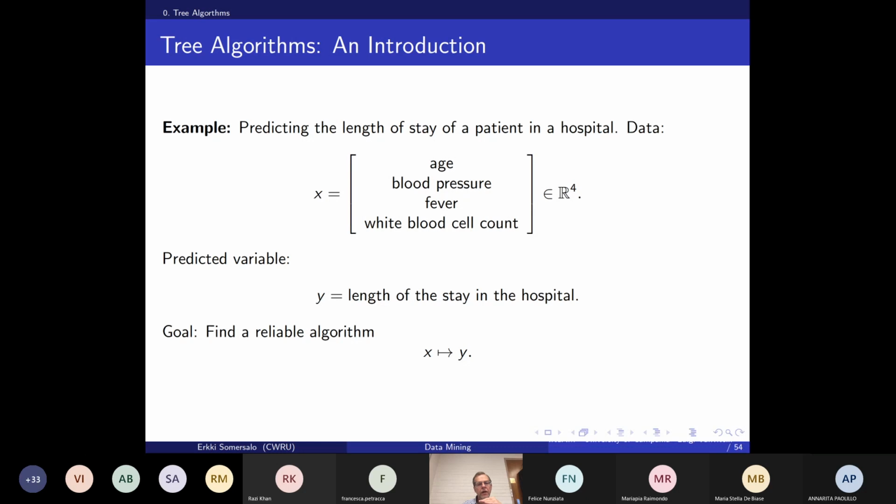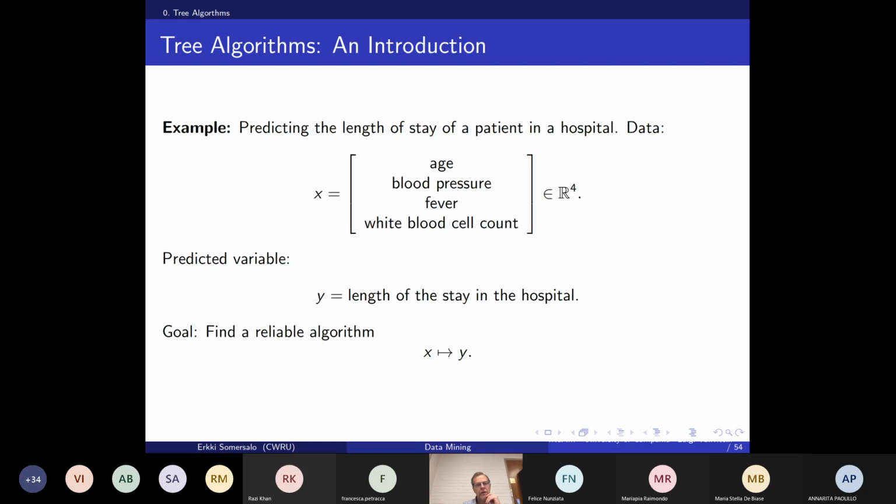So you want to create a function that, based on the answers of the patient, gives an estimate for how long the patient is going to stay in the hospital. Okay, so the attributes are the age of the patient, blood pressure, fever, and white blood cell count.